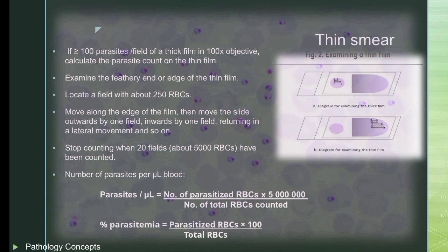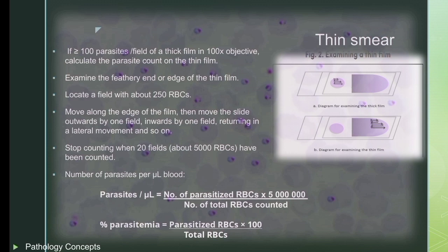Move along the edge of the film, then move the slide outward by one field and inward by one field, returning in a lateral movement and so on. Stop counting when 20 fields, about 5000 RBCs, have been counted.